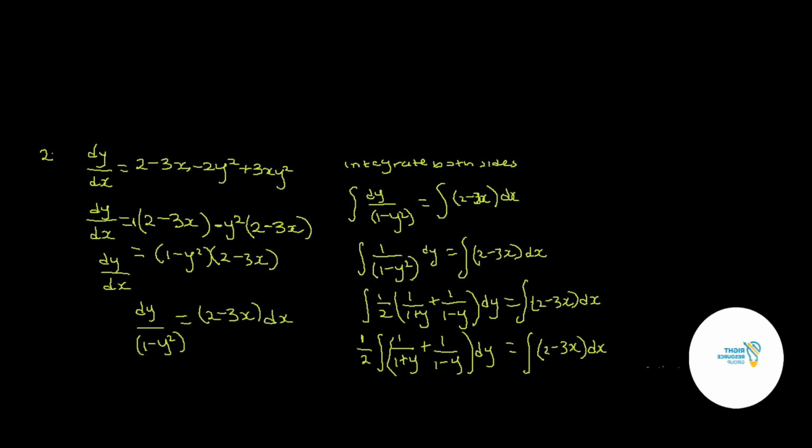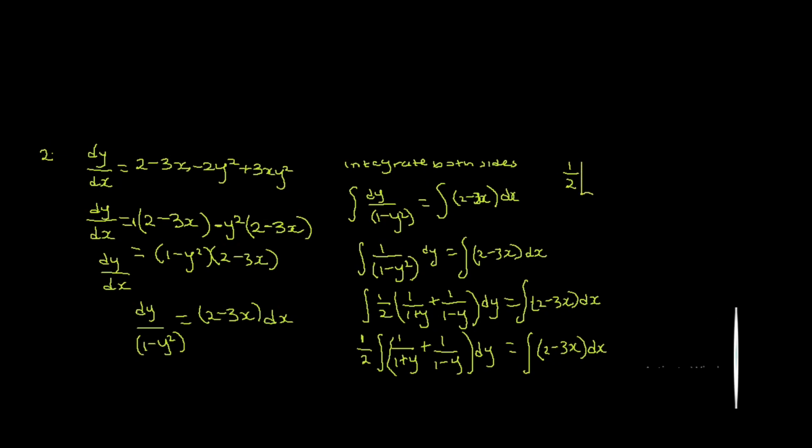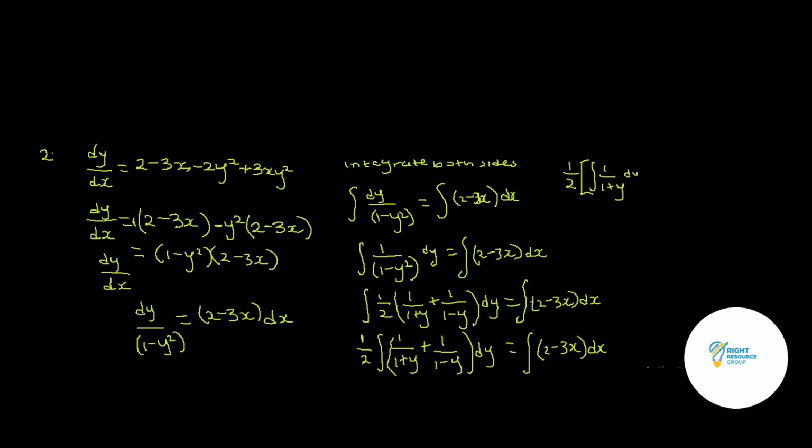Okay, let's move on. This is also the same thing as 1 over 2 of, I want to use this bracket, just like the law of integration says, both of them can have their own integral.